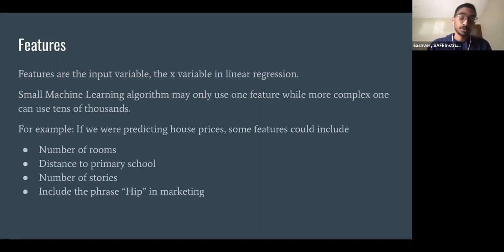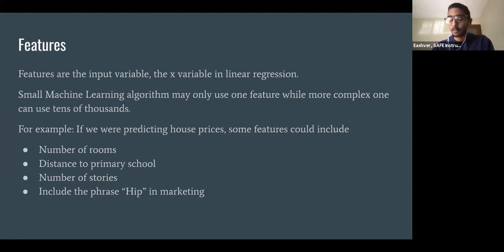So features, or the inputs as we might know them, are the input. In a machine learning algorithm, you might have one feature, or you might have tens of thousands of features. That all depends on the data set you have and what you're trying to predict. For example, if we were trying to predict house prices, we might not use only one feature, but a variety of different features.